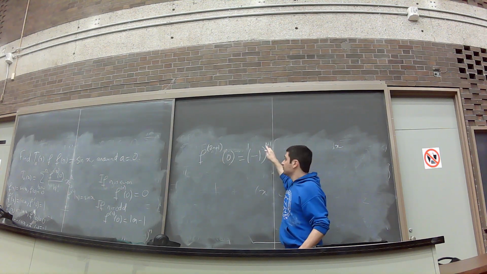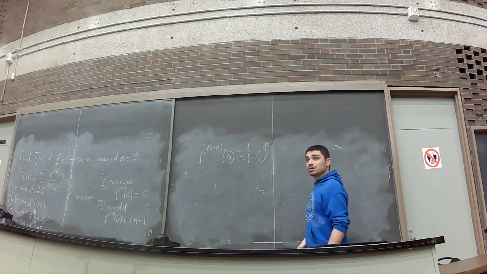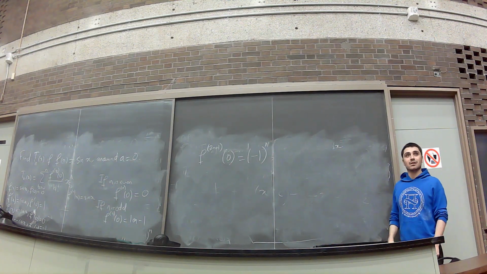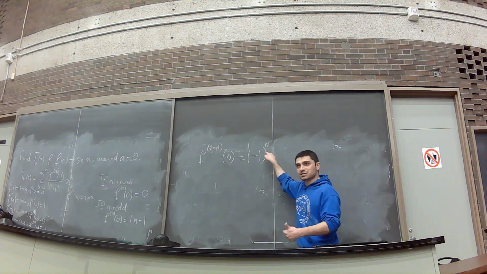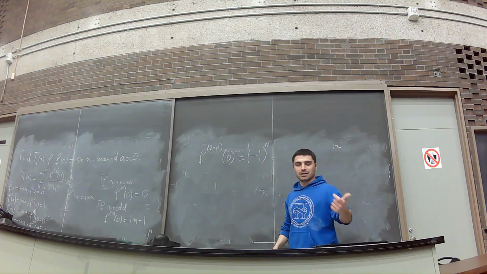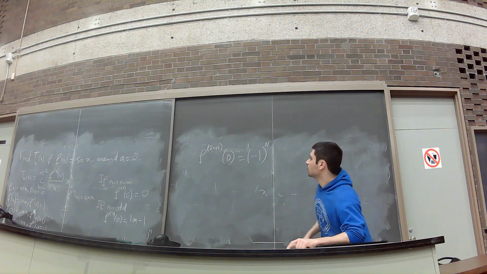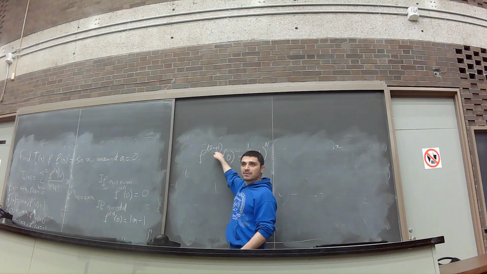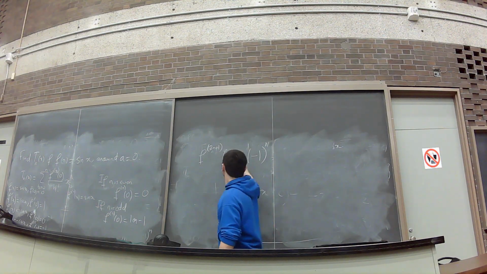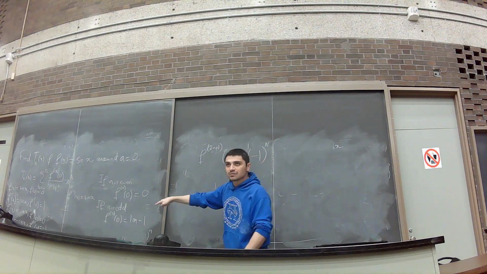This is minus 1. Does it work? If n is equal to 0, what is f prime of 0? 1. Minus 1 to the 0 is 1. Okay, if n is equal to 1 here, you get f triple prime at 0. It's minus 1.